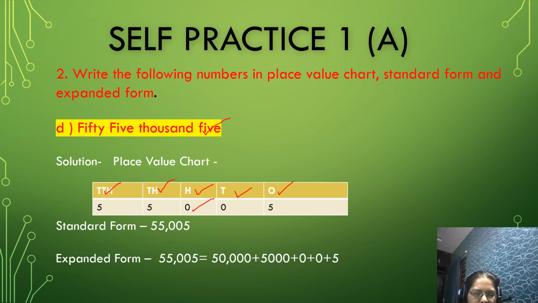And the expanded form of this number will be: 5 is in the 10,000 place, so 5 multiplied with 10,000 is 50,000, and 5 is in the 1000 place, so 5 multiplied with 1000 is 5,000. 0 is in the 100 place, 0 multiplied with 100 is 0, and 0 is in the tens place, 0 multiplied with 10 is 0 only, and 5 is in the ones place, 5 multiplied with 1 is 5 only. This is in expanded form.